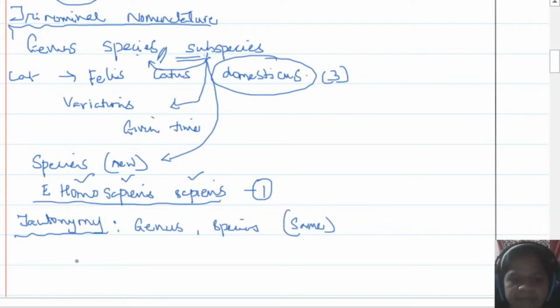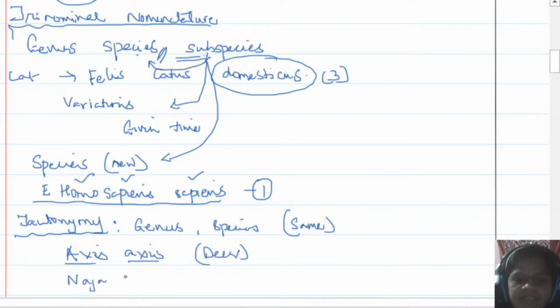For example, Axis axis. The genus and the species are the same. This is deer or spotted deer. Or another example is Naja naja. This is cobra. The first letter is capitalized. The second letter is the small letter.